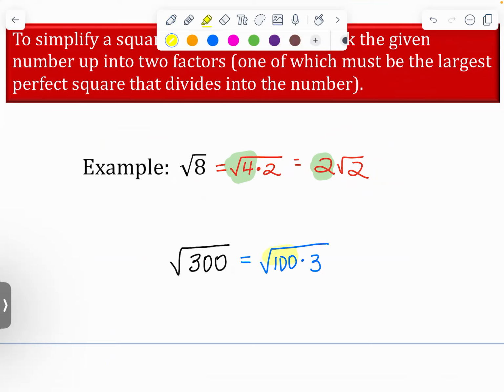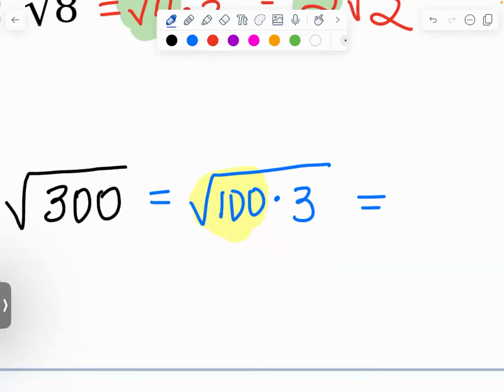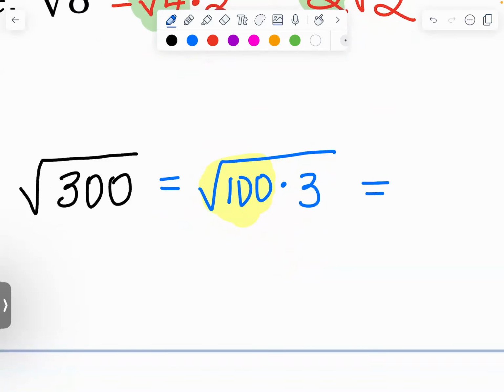Ben, what's the square root of 100? What squared gives us 100? 10. So we have 10 square root 3.